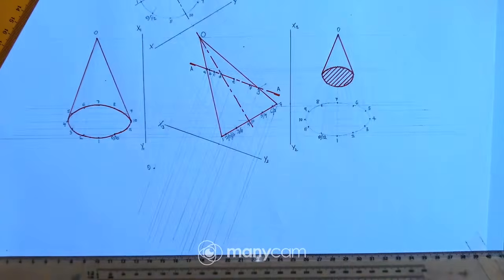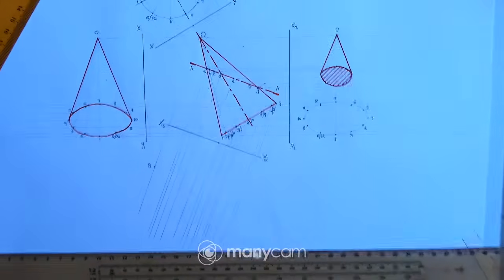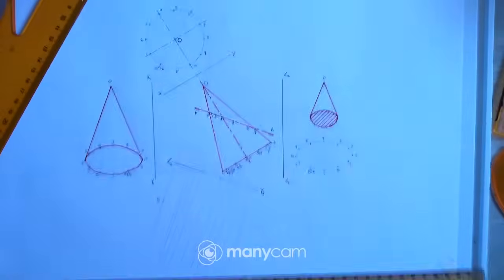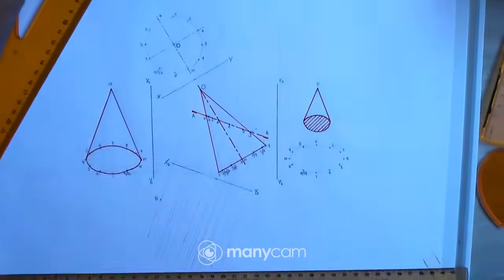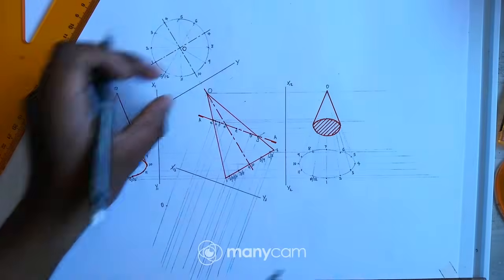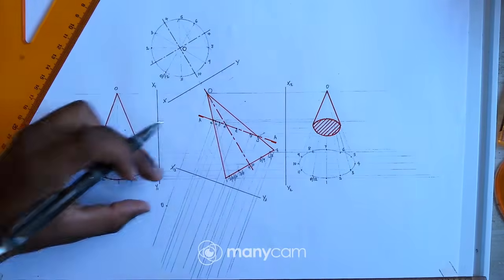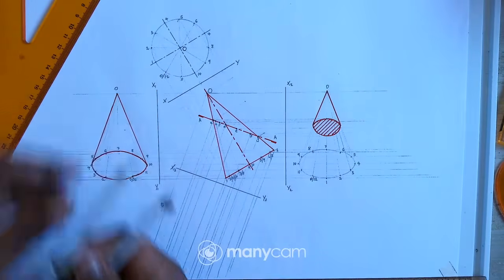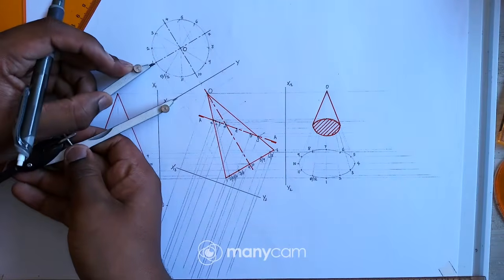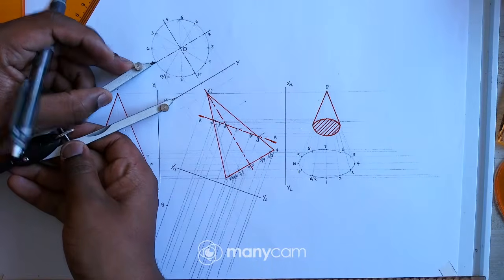Then now I have to project all the points. Oh, sorry about that. You can't see it on the screen. So obviously I just measured the distance from the XY line to point O and then transferred it to this section. Okay, so I'll start with point 1 there.